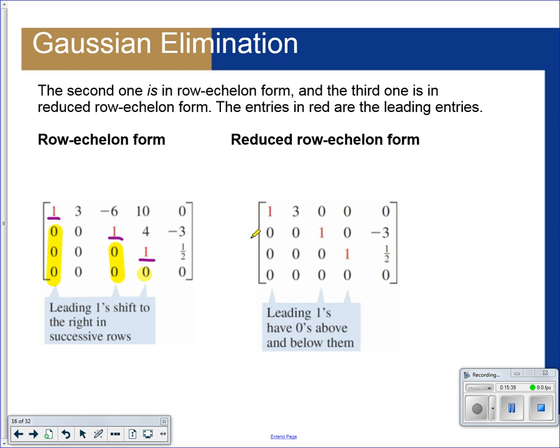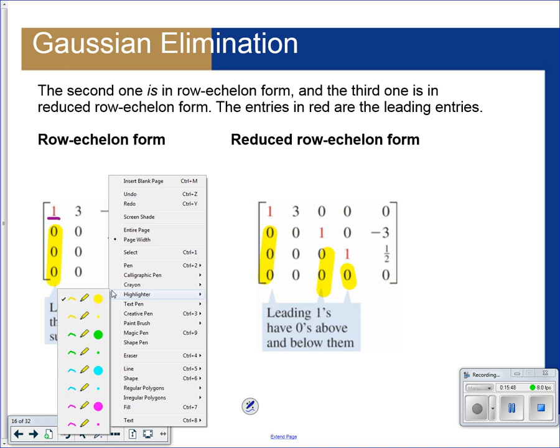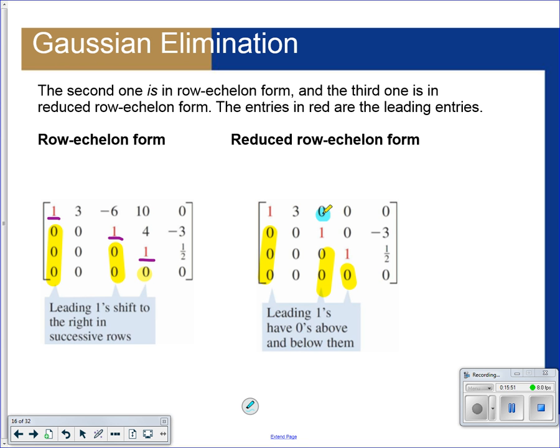Now, it's reduced if you still have all these zeros and the leading 1s, but in addition, you're also going to have the zeros above the leading 1s. See how the position here is all the same? The difference is you're just going to get zeros above. The benefit of having reduced row echelon form is you would be able to find all of the equations right away. And for row echelon form, you could use back substitution. So that's why we do want to put it in row echelon form.